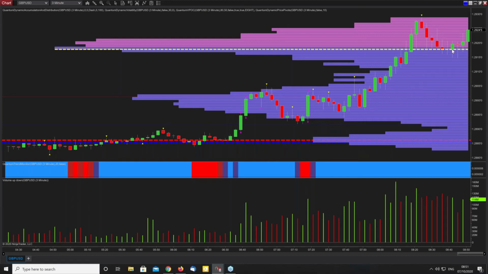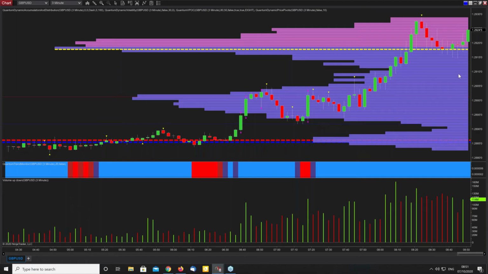The second aspect of the volume point of control, which is perhaps a bit more nuanced, is this: where these volume areas sit are considered important by the market for whatever reason. And where there is lightweight volume, the market does not consider those areas important. So when the price action approaches these regions of high volume or low volume, there is no reason to suspect that it will behave any differently.